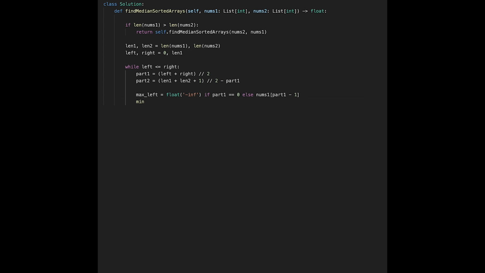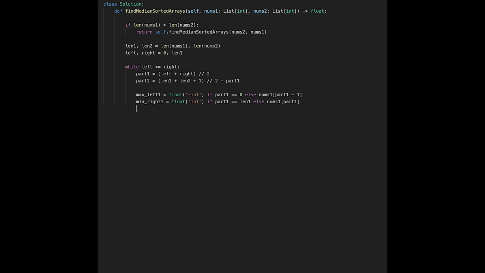This is max left 1 here. And this is minimum right 1, which equals float, and this is infinity because it's the right side, if partition 1 equals length 1, else nums1 at partition 1.